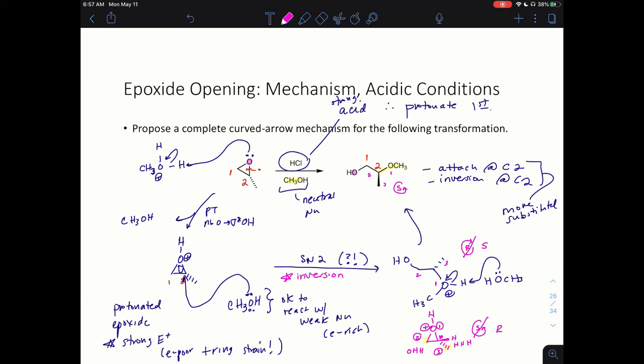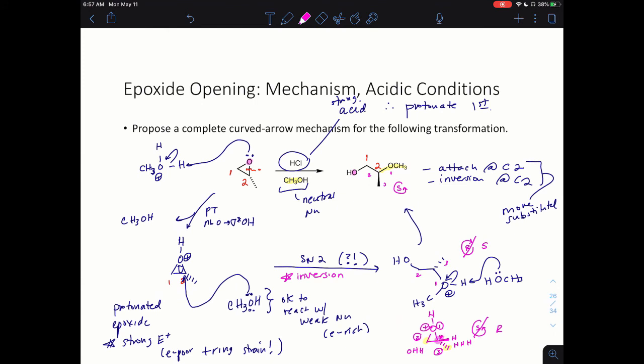And I've drawn the intermediate and the product in a different way. And so I just want to confirm with you that I'm showing inversion correctly and that this molecule and this molecule are exactly the same. Well, other than the deprotonation, but the stereochemistry is the same. Okay, so I've taken the protonated epoxide and I've redrawn it down here because there's lots of numbers and I don't want it to get too confusing.